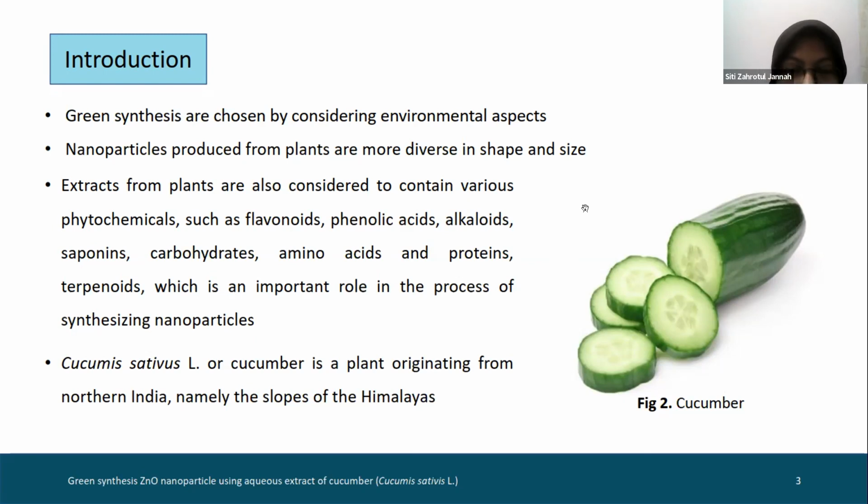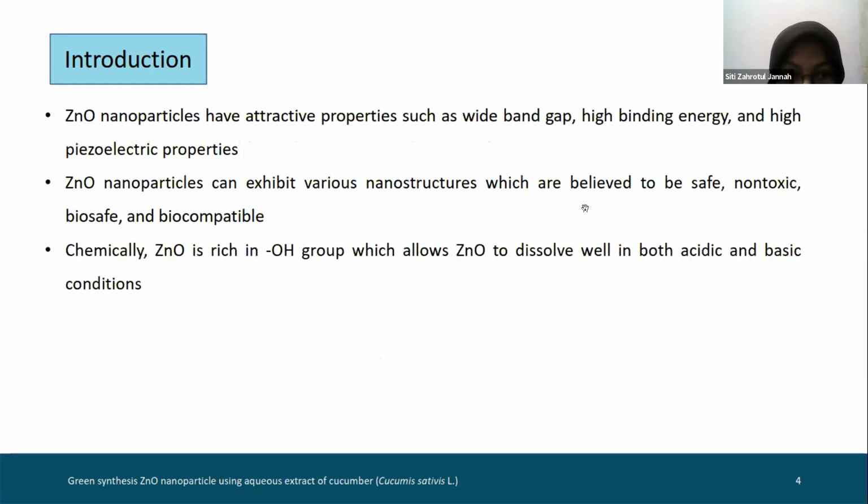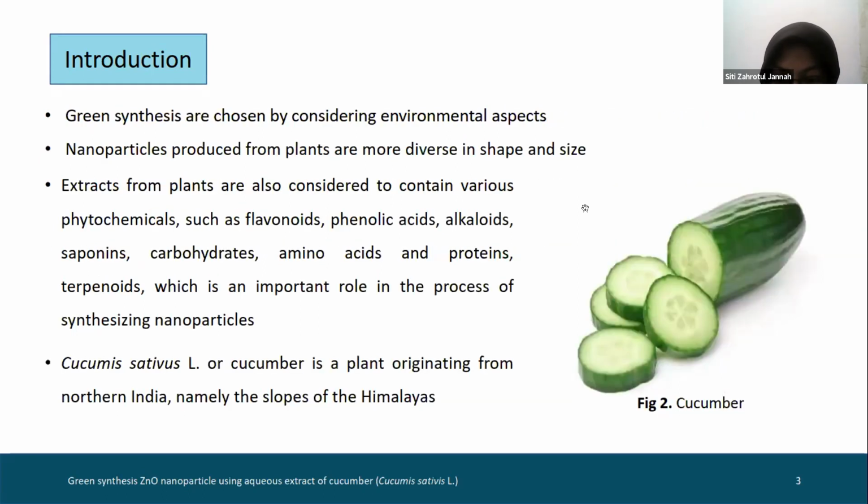And in this research, I chose Cucumis sativus, or cucumber. The cucumber is a plant originating from northern India, namely the slopes of the Himalayas. Cucumber has some compounds such as steroids, terpenoids, alkaloids, phenolics, flavonoids, and saponins.